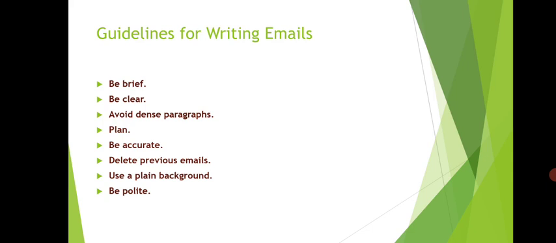Then plan. If you are writing a longer email, it is better to have a plan. That helps you to focus on the objective of your email and keep your ideas linked and concise. Then you have to avoid dense paragraphs. Then be accurate, in the sense, use a spell check to eliminate spelling errors. So be accurate while writing an email.